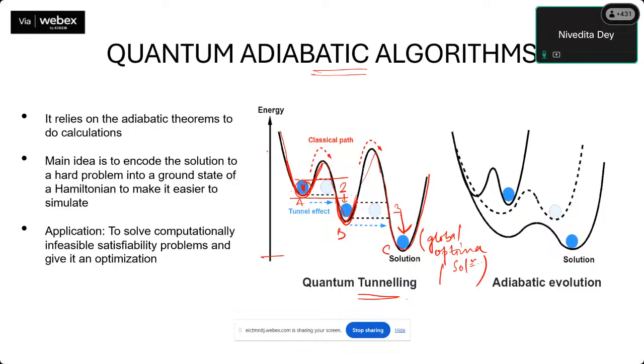and you see this is the ground state, because energy is increasing. So these are your excited states, excited energy levels, and this is your ground state.